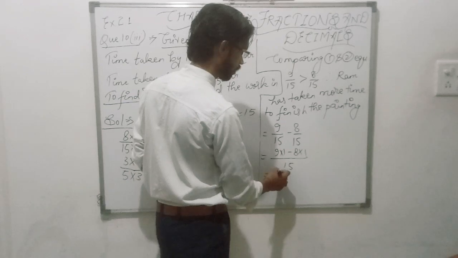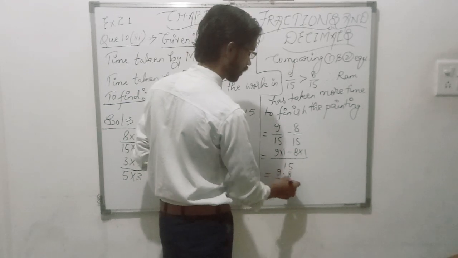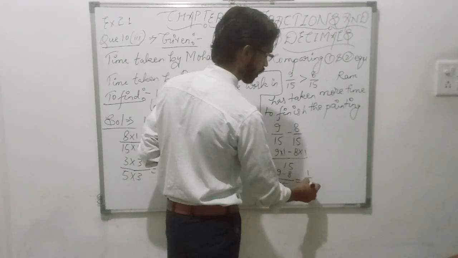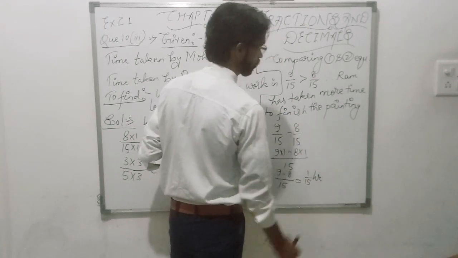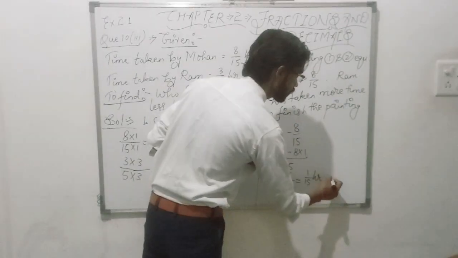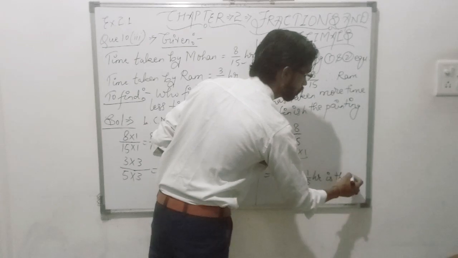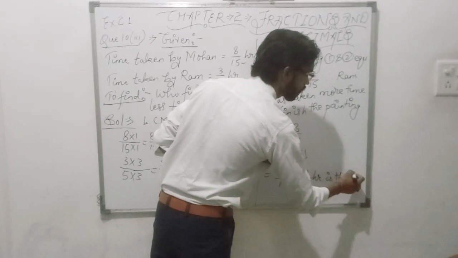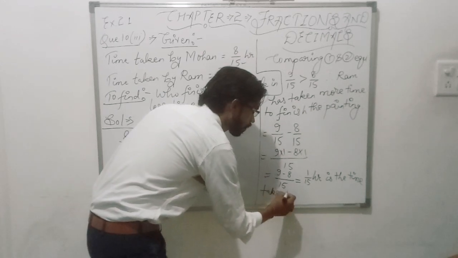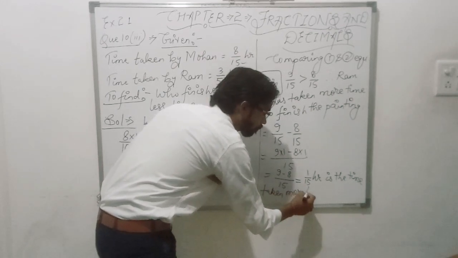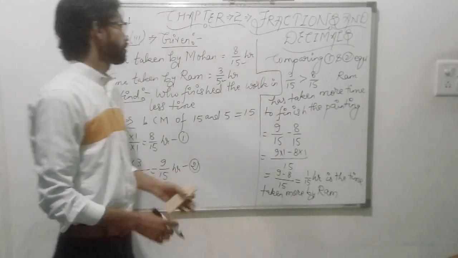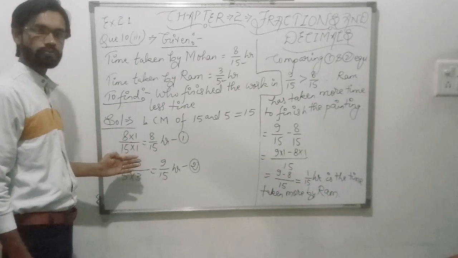What we have got is 9 minus 8 upon 15, which is equal to 1 by 15 hour. So 1 by 15 hour is the time taken more by Ram.